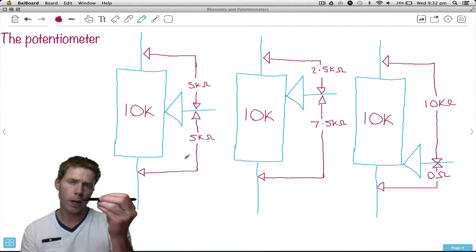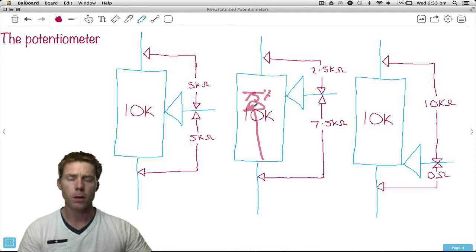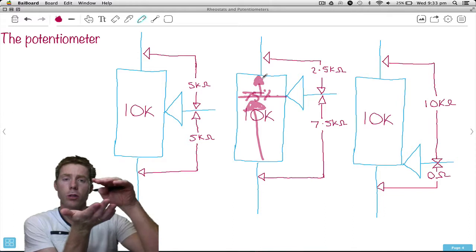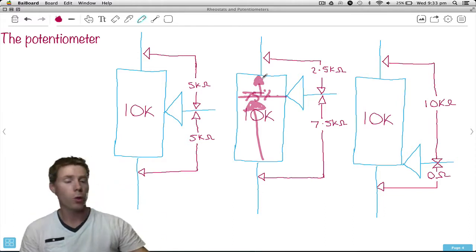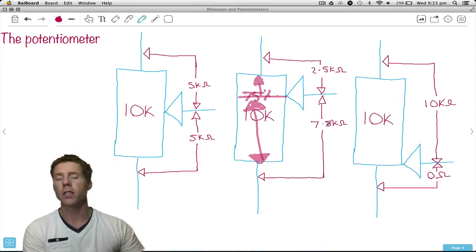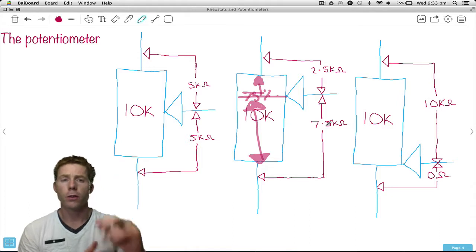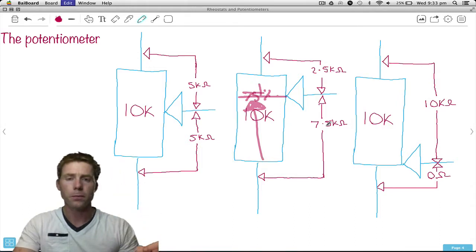But if we were to move that up a little bit, in this case let's say 75% of the way up, hopefully you can see the resistance between the wiper arm and the top connection. Because it's gotten closer to the top connection, there's less resistance. It's now 2.5K. But because it's moved further away from the bottom, there's more resistance. In this case, 7.5K. The resistance of the top plus the resistance of the bottom gives you your full 10K.